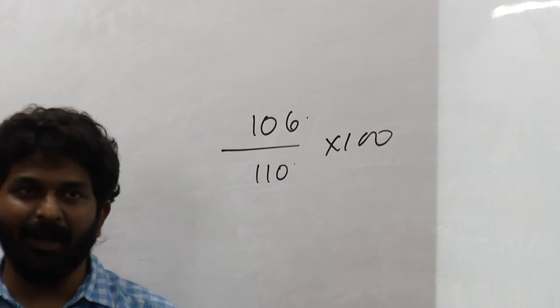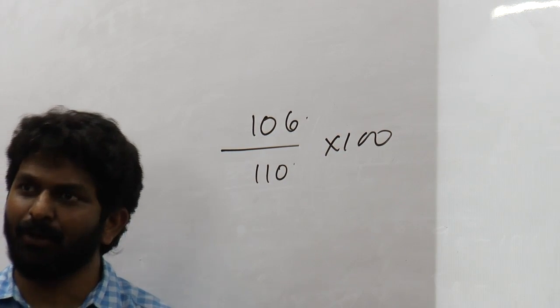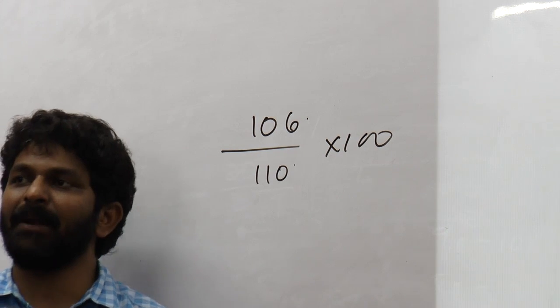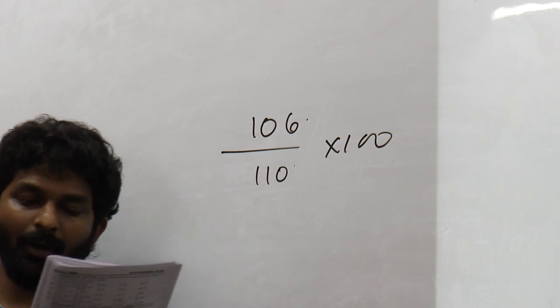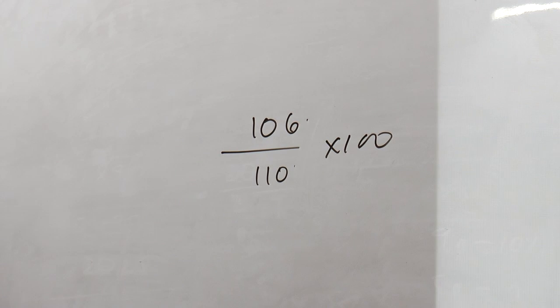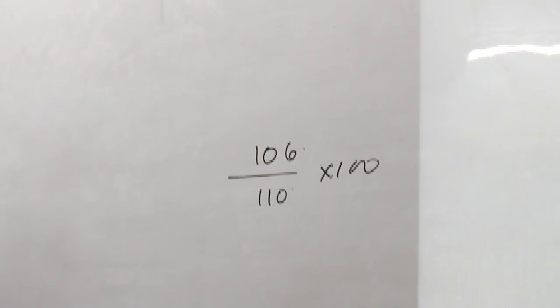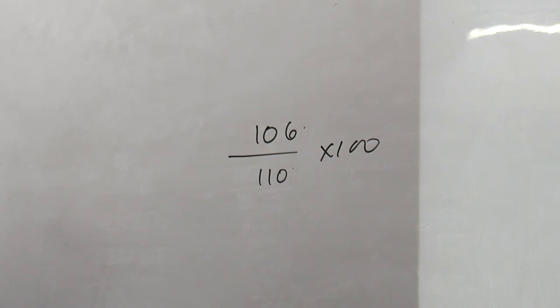You need not even subtract 4%. So answer is close to 96 but just above 96. Third option, 96, 4 by 11. Are you getting my point?